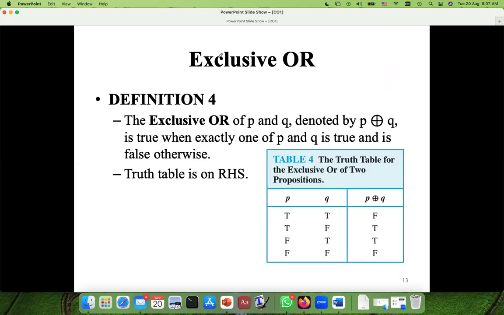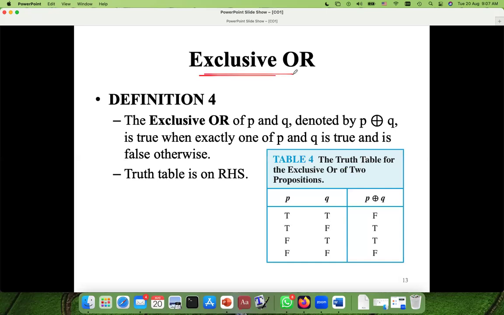Okay, exclusive or now. You call it XOR. That is for digital logic and design, but here we will say it in simple words because we are trying to understand mathematics.